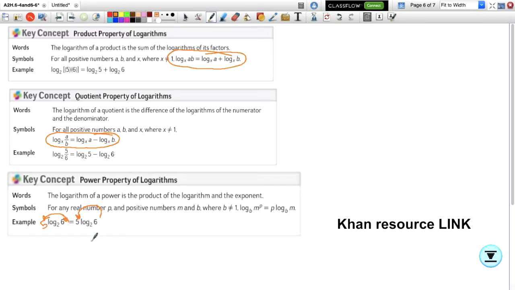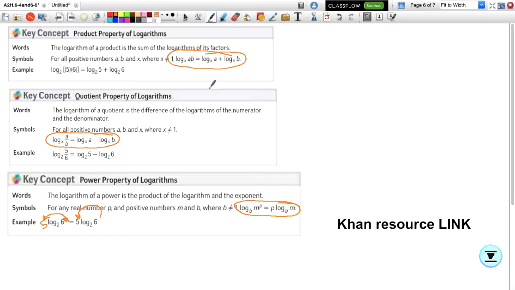They write it with an M and a P. I don't know why M and P feel so weird to me versus A and B, but this might be what I end up putting in my notes. So if we have some log with a base of b, and the of piece is an M with its own exponent, that exponent can be written in front, and then everything else stays the same. That way that piece isn't so tricky.